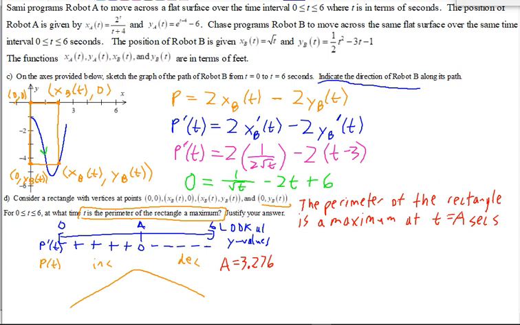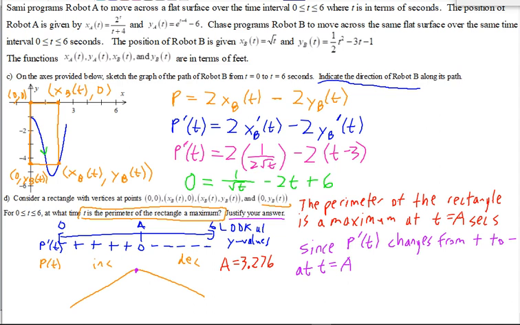And then to justify it, since that was the only possibility, it had to be here, you can justify it like you would a relative maximum, since p prime of t changes from positive to negative at t equals a.